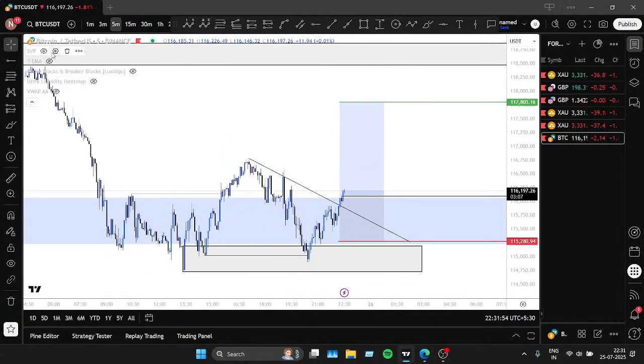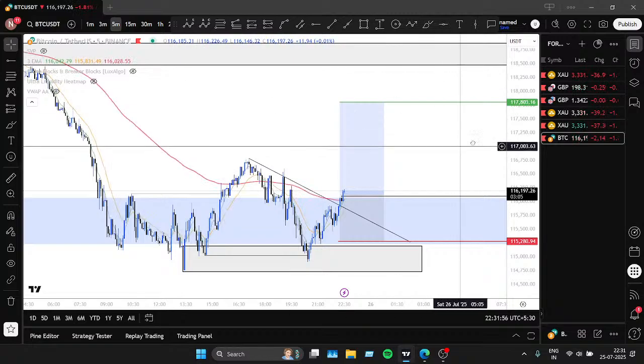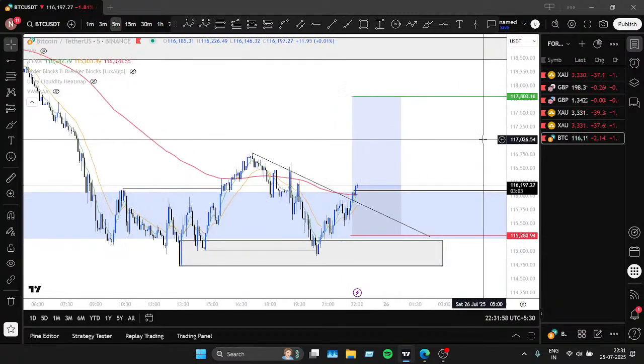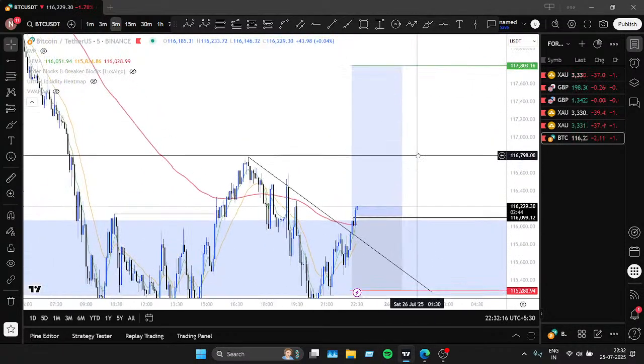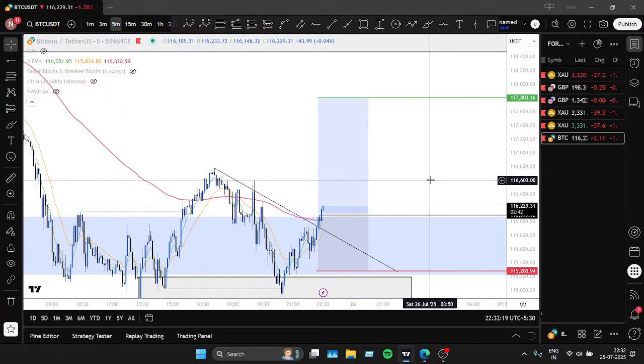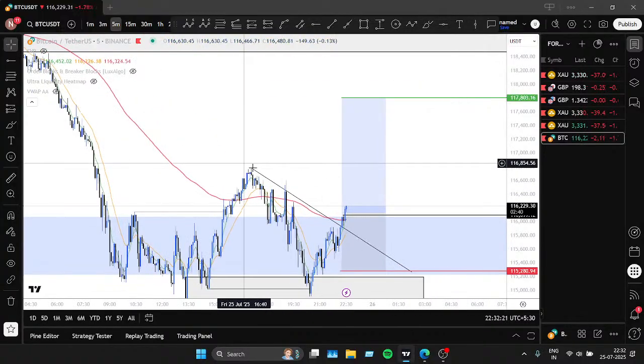Looks good. BTC looks good. Gonna take those highs for sure. You can take this buy setup. It's good. High probability market could take all those unfilled liquidity.